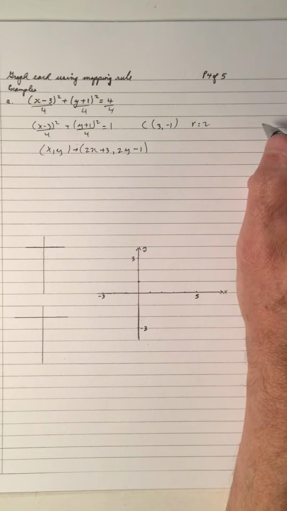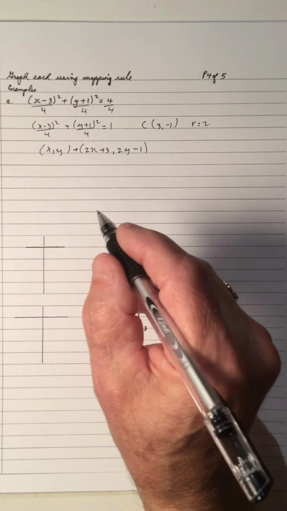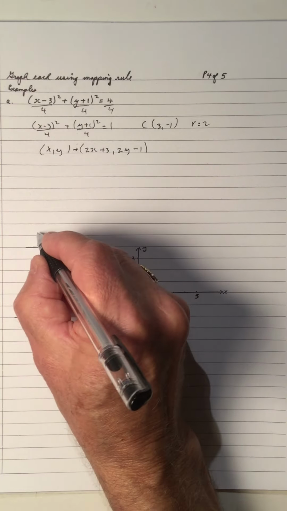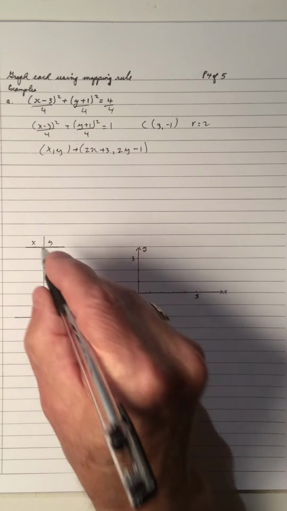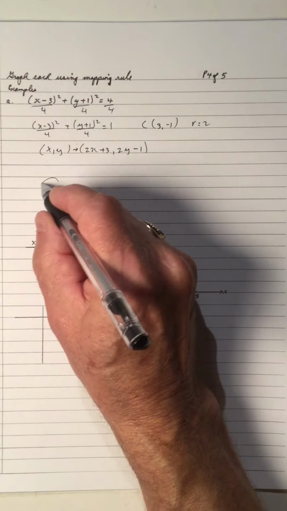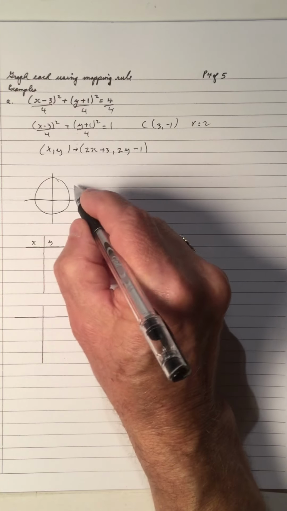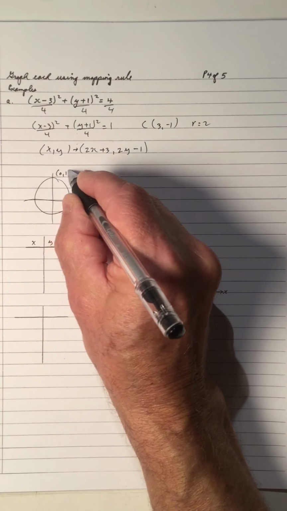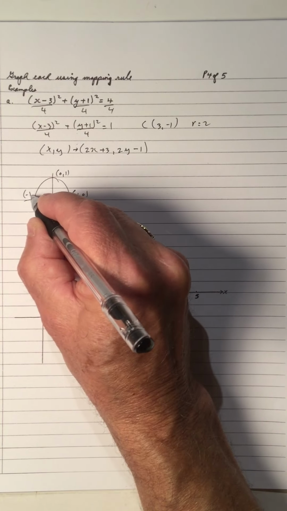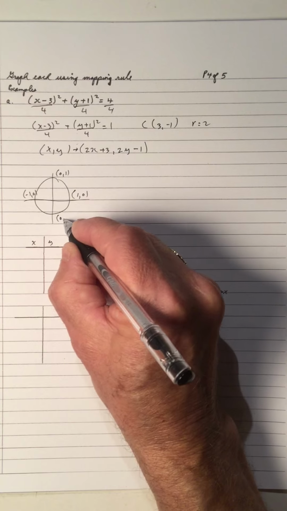So if we take the unit circle, let's use this table of values for the unit circle. The unit circle, if you think about it, just draw it quickly. The unit circle points are 1, 0, 0, 1, negative 1, 0, and 0, negative 1.